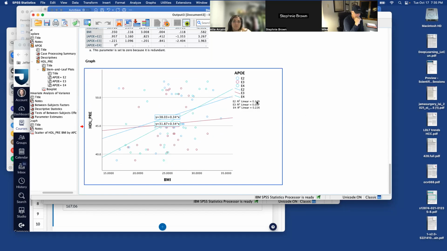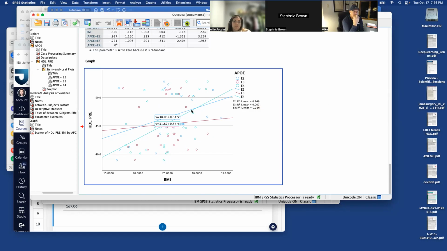The first model, and I can't really tell which color is which, I think it's this line here, is using only the data from E2 and regressing BMI on HDL-pre. Then here we're using only the data from E3, which is this darker line here. And that line's actually pretty flat. And then E4 is back there.